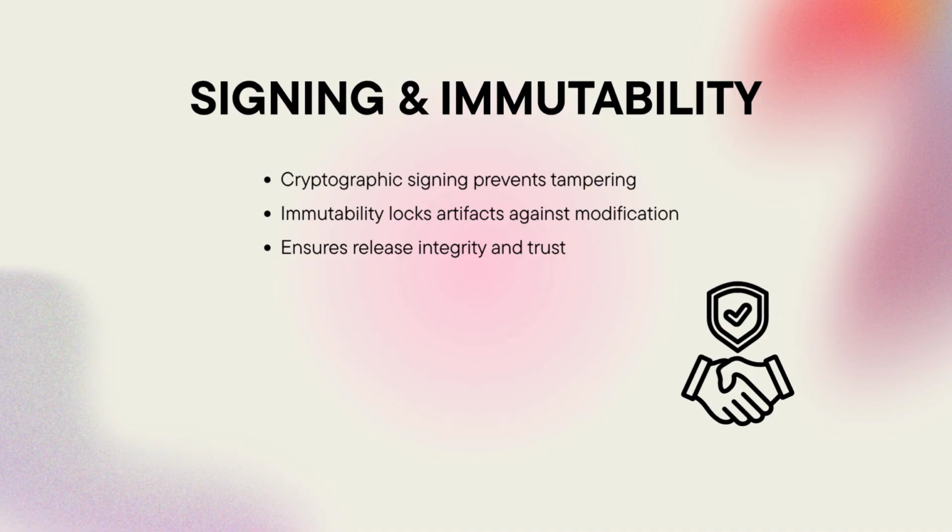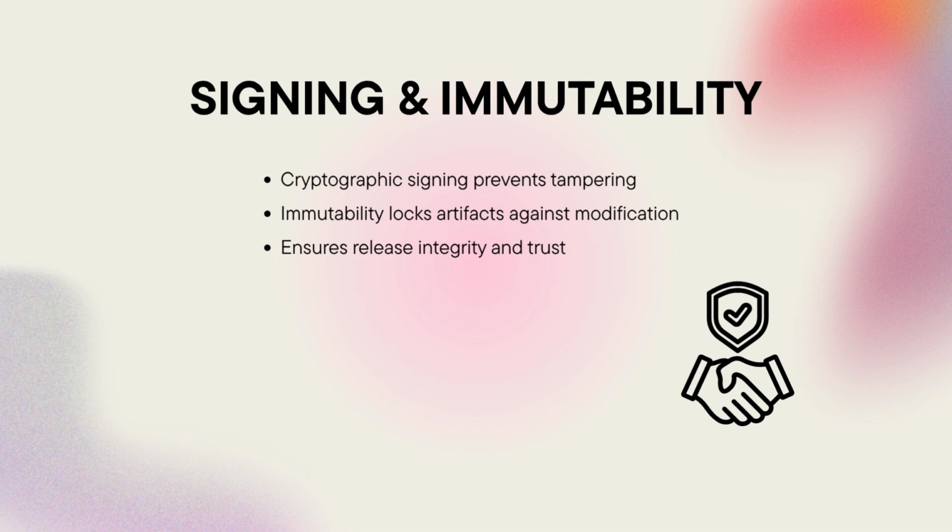Signing and immutability. When an organization promotes a model into production, there must be absolute confidence that what runs is exactly what was tested. Cryptographic signing provides this assurance. Each artifact is hashed and the signature ensures it has not been altered. Immutability goes further by preventing retroactive edits.